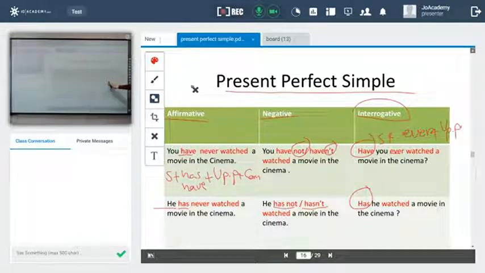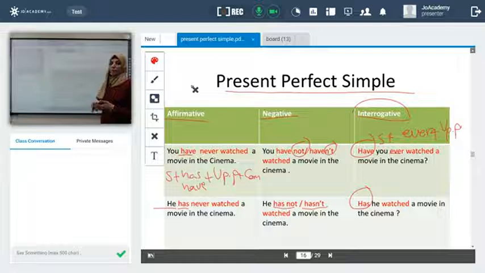So, have you ever watched a movie in the cinema? Has he watched a movie in the cinema? The answer could be yes or no, and we say yes he has, or no he hasn't.